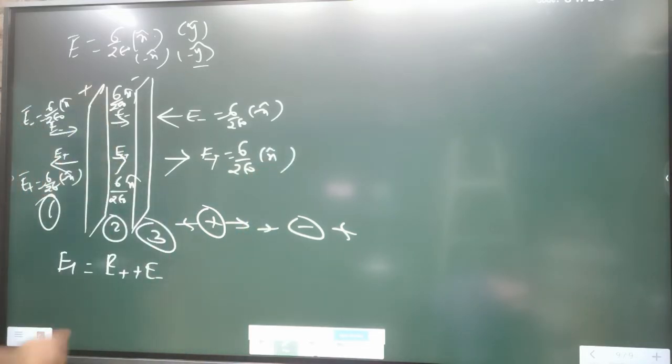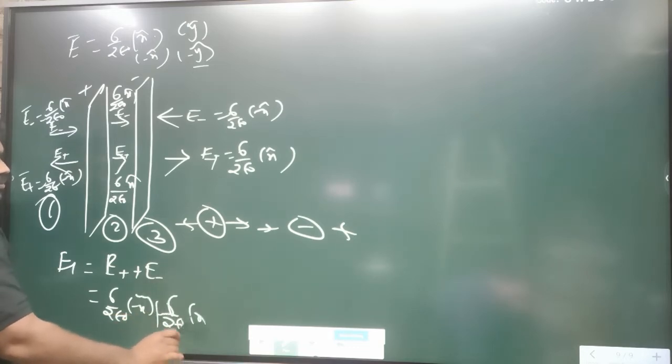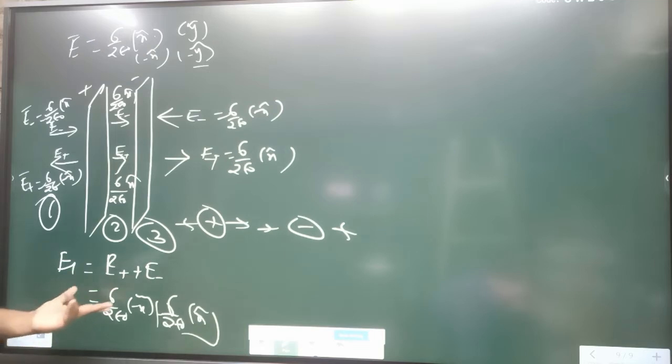Net is E plus plus E minus. For the first region, E plus is sigma upon 2 epsilon naught minus X cap, plus the second one sigma upon 2 epsilon naught plus X cap. Here we can take sigma upon 2 epsilon naught common out, plus X cap and minus X cap get cancelled.